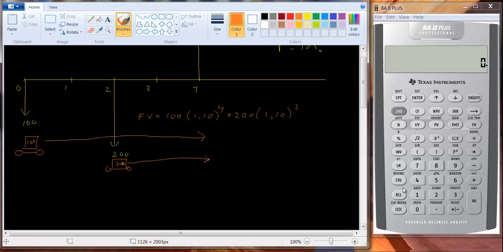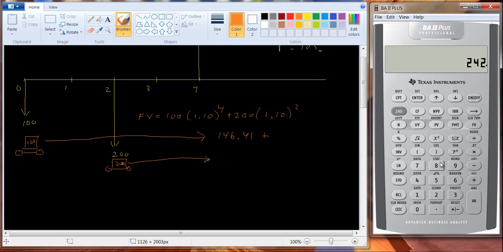We're going to get 1.1 raised to the 4th power times 100, so we're going to get 146.41 plus, and what do we have here? 1.1 raised to the 2nd power times 200.